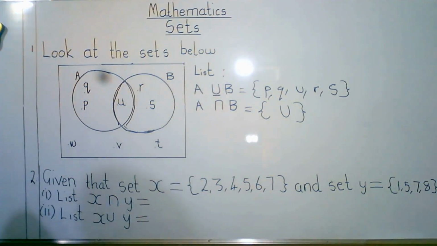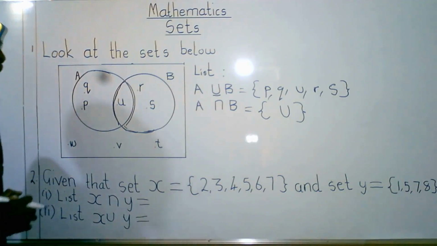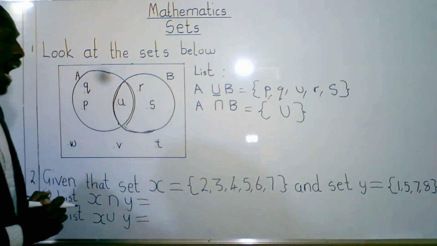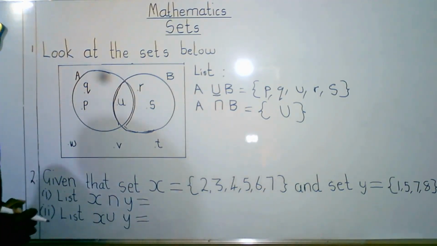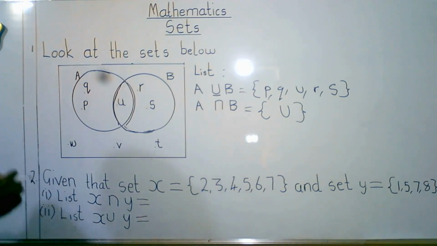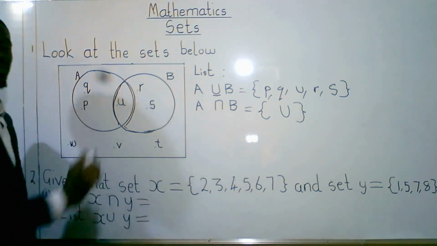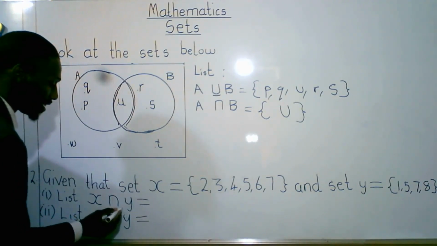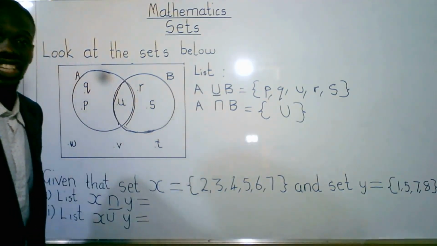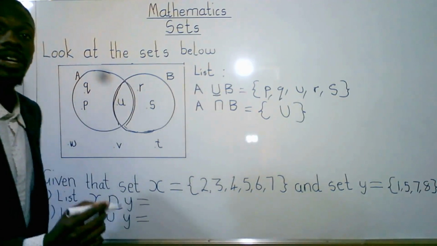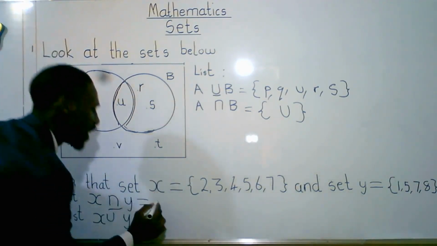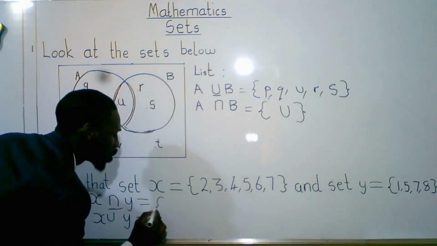Given that set X is equal to 2, 3, 4, 5, 6, and 7, and set Y is equal to 1, 5, 7, and 8. List X intersection Y. We said this symbol symbolizes intersection, elements that are being shared. So what elements are being shared?